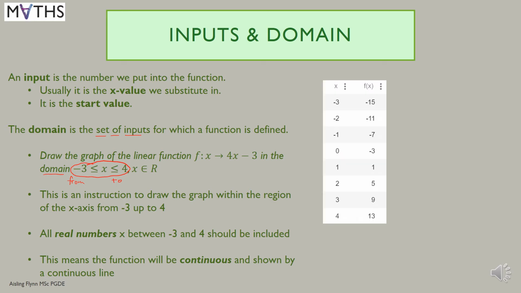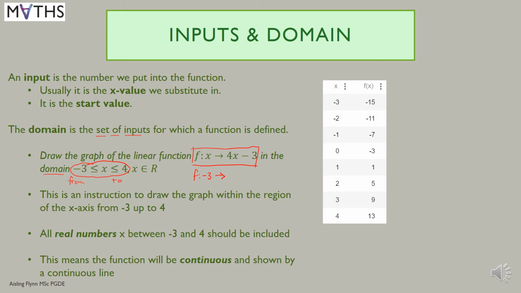So if you were to do this, you would take a number of values between minus 3 and plus 4, and you would input them into this function. What does that mean? You would start with perhaps f of minus 3. What does it become?